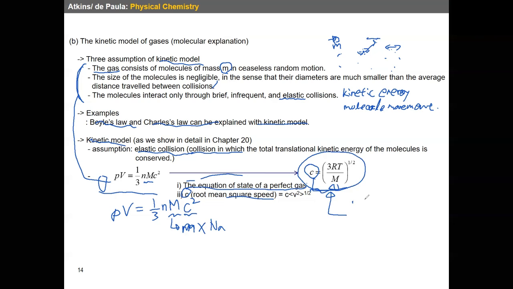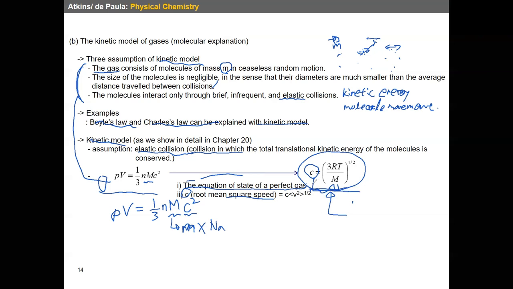If we know this speed, then we can also calculate how these molecules will behave in the gas system. That's why we have to understand kinetic energy, which is closely related to the speed of molecules.